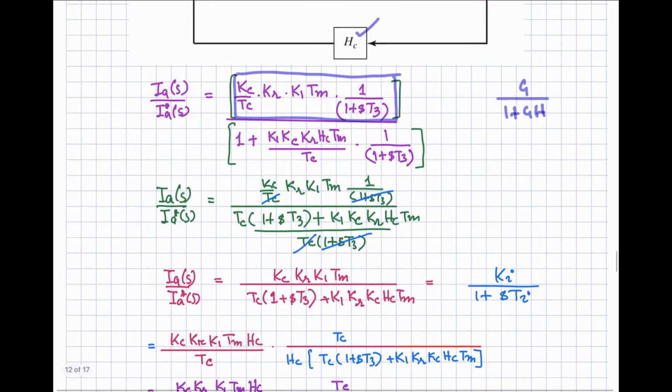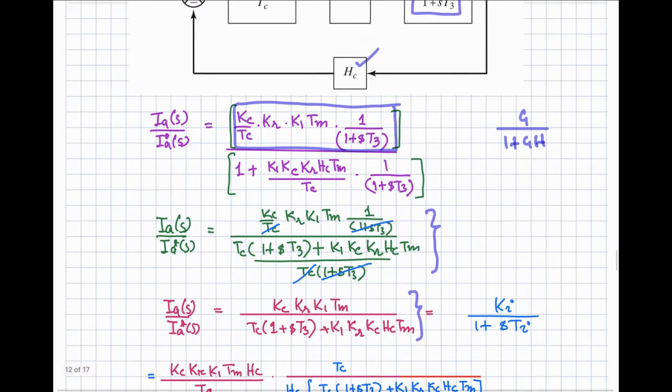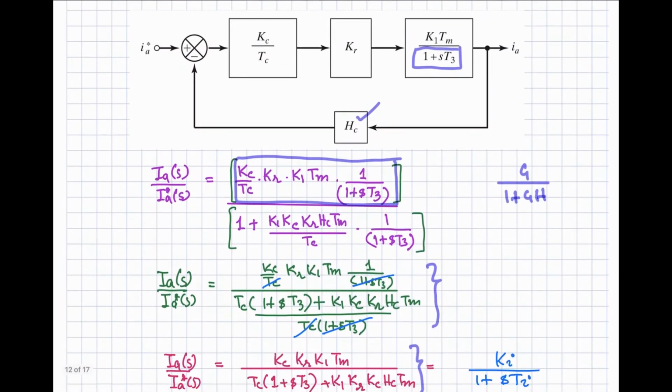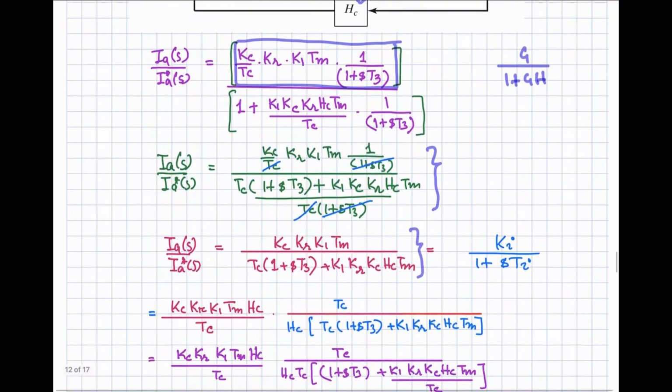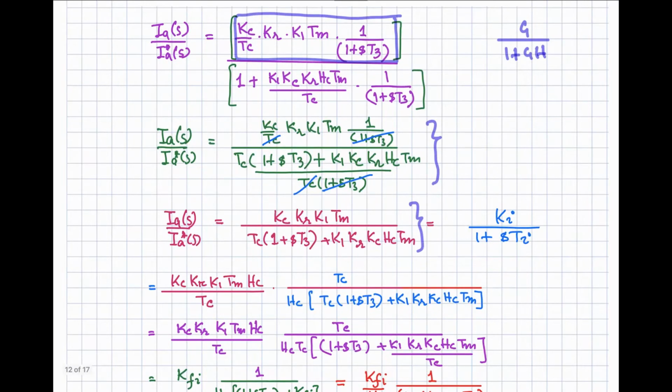Simplifying this one, you will get this expression, and finally rearranging, you can represent it like this. As we have already discussed that we are going to represent this loop with the first order transfer function, we can say that this in general is equal to Ki over 1 plus STi, where Ki is the gain of this current loop and Ti is the time constant of this current loop.